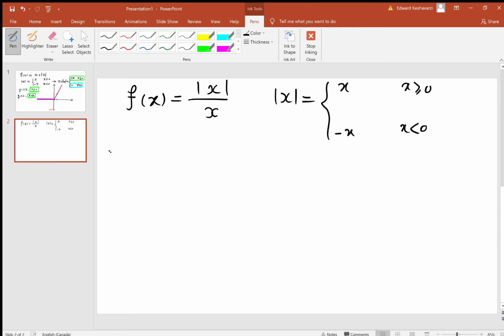Now we need to divide by x. So we'll get 1 when x is larger than 0, and negative 1 when x is less than 0.